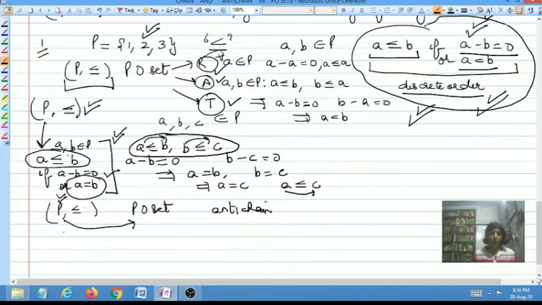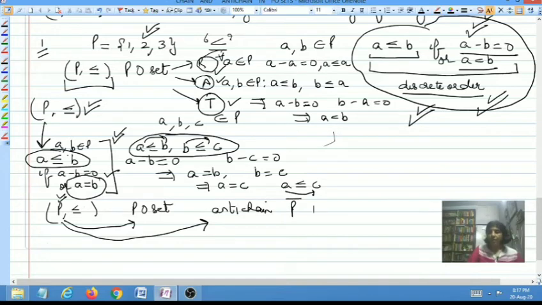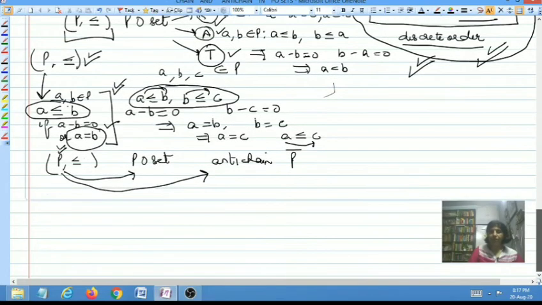And also you can make this set P an anti-chain by defining the discrete order on it. Generally we are in the habit of representing the anti-chain by P bar. If P is the set, then P bar represents the anti-chain. So this was an example of a PO set which is an anti-chain.